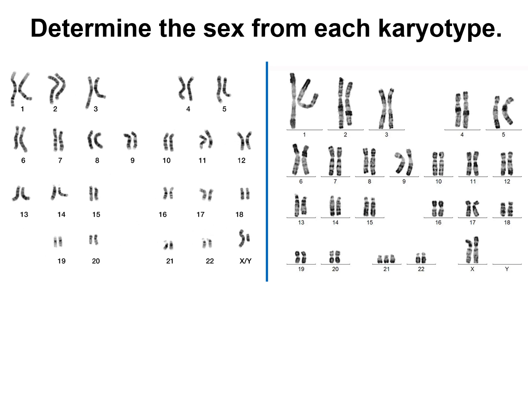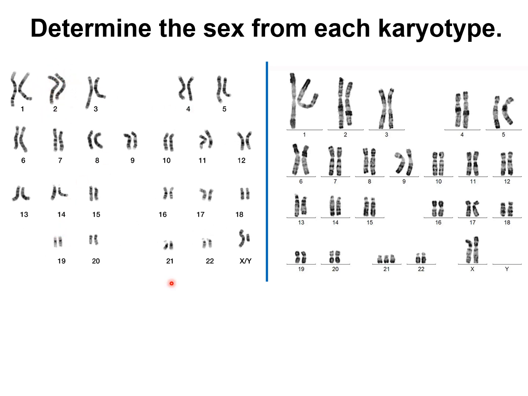So let's take a look at some karyotypes. And karyotypes are just a picture of the chromosomes that an individual has. And what they do is they take a picture of the chromosomes and then match them up into the homologous pairs. So let's take a look at the individual on the left here. And so you can see here's our homologous pair of chromosome number 1, and then we've got chromosome number 2, our homologous pair there.